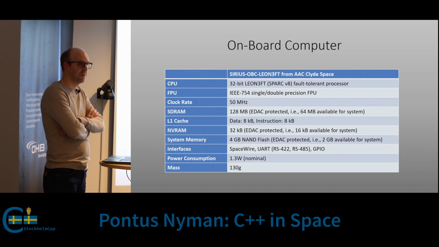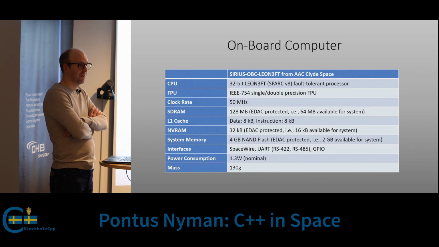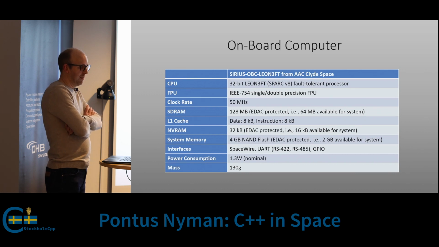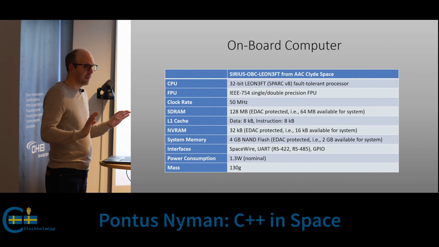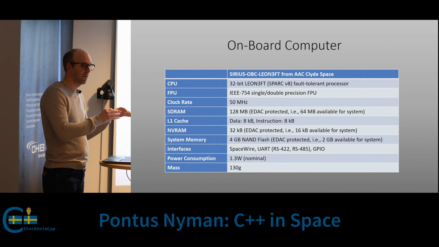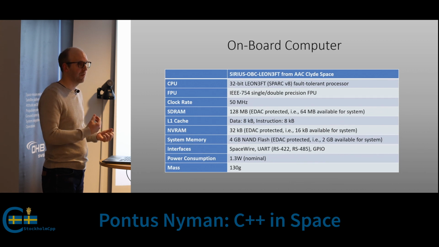Do you have statistics of how often you get bit flips? Not really. If we got a bit flip in the instruction cache or in registers, then you would immediately get a reboot. We haven't had a reboot in 4 months.